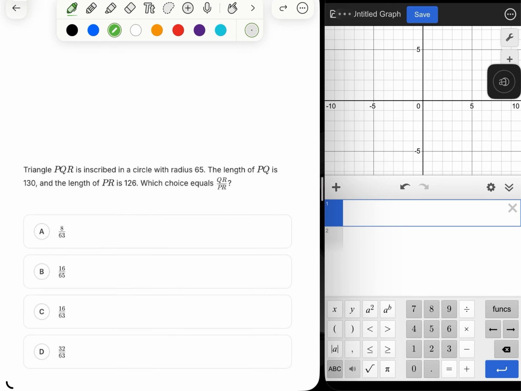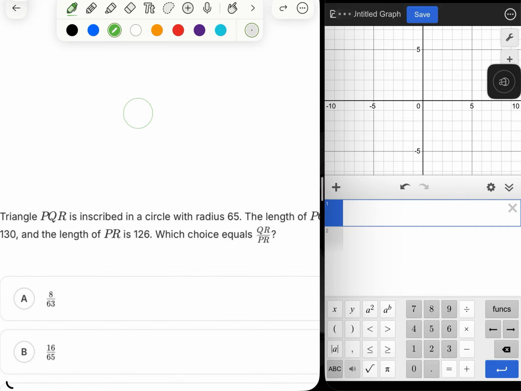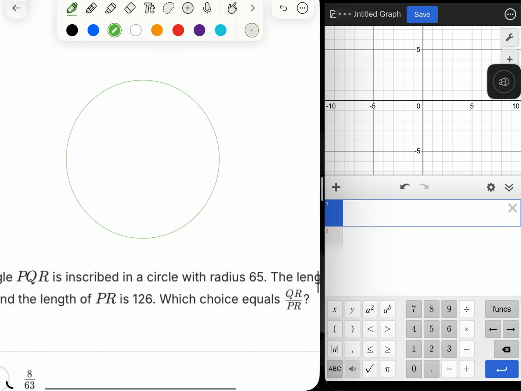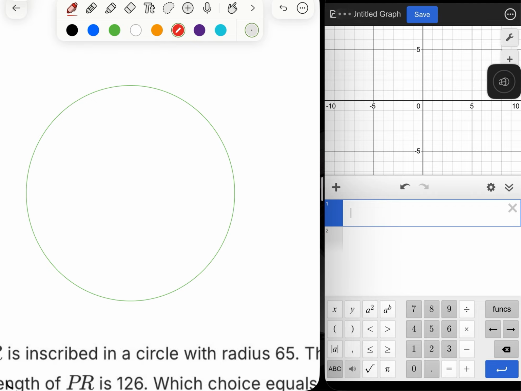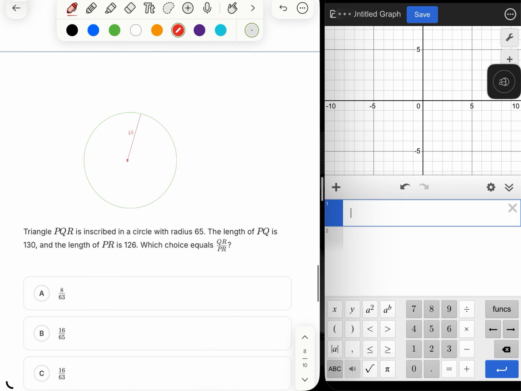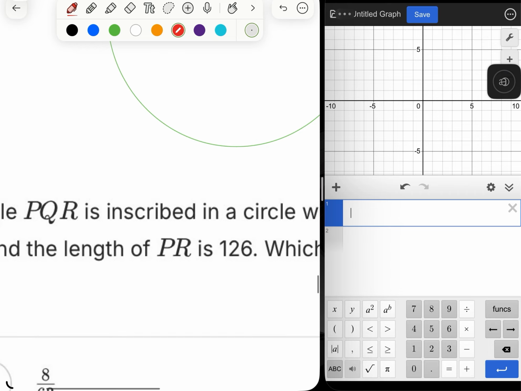So first things first, for any geometry question, you have to draw a diagram. So let's draw a circle. And we know that the radius is 65. Triangle PQR is inscribed in the circle.